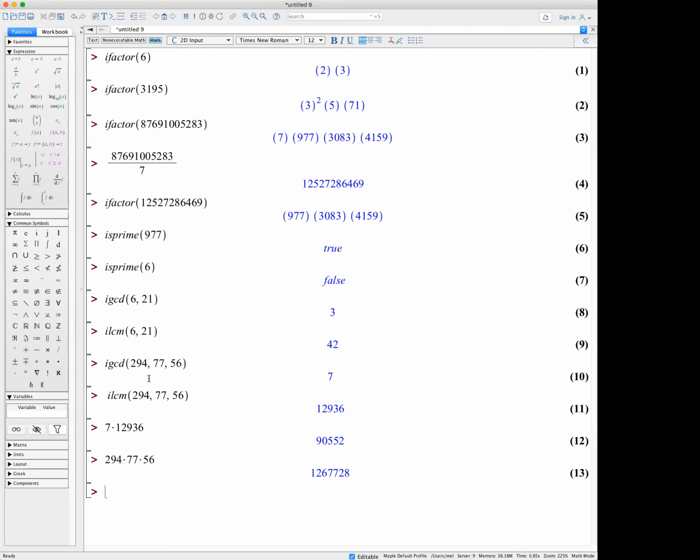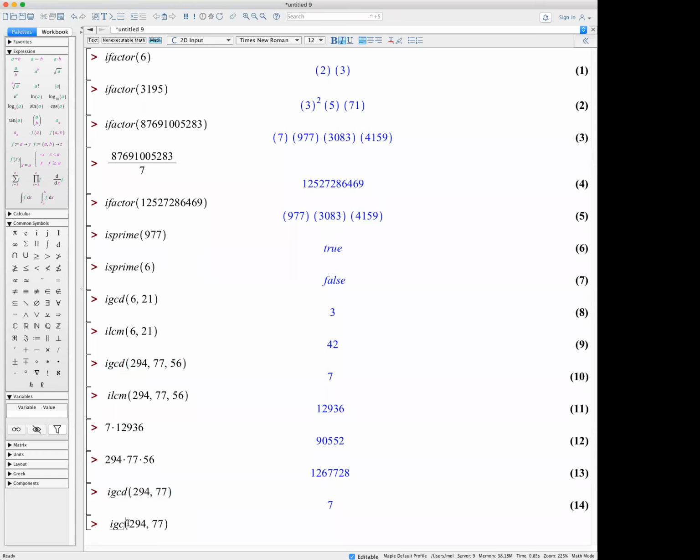When I have 3 or more numbers, the product of the greatest common divisor and the least common multiple is not the same as the product of the numbers. That's only correct when you have 2 numbers. So for example, suppose I take 294 and 77. That's the GCD, 7.